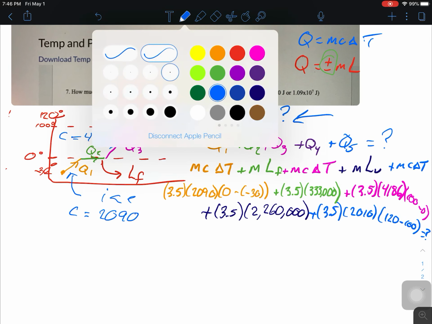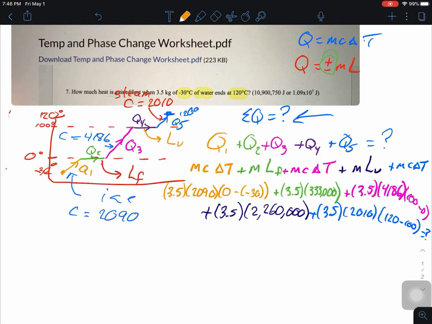So now it's just a matter of plugging numbers into our calculator. My Q1 value, which I'll keep in orange, is 3.5 times 2090 times positive 30. This is 219,450. Okay, do my green numbers, which is Q2.